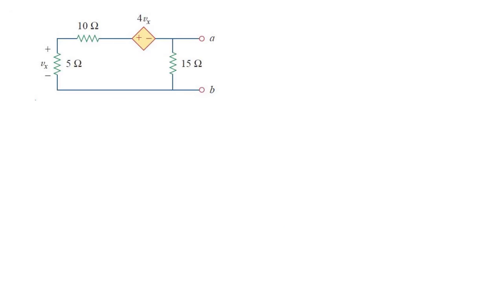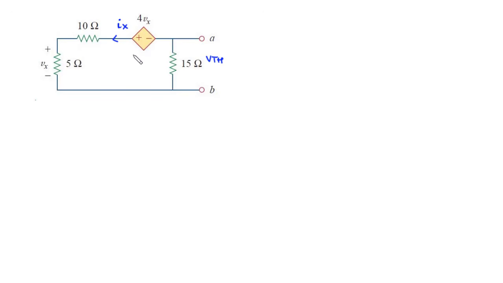Now let's move on to find VTH. So for VTH, as we said earlier, we are going to revisit the original circuit given in the problem, and then we are going to leave everything as it is. We are not going to touch any other circuit element. So we mark the terminals, and then we have VTH, that is the open circuit voltage. Now let's distribute current in this circuit. So we are going to consider current leaving in this direction, and let's call that current Ix.